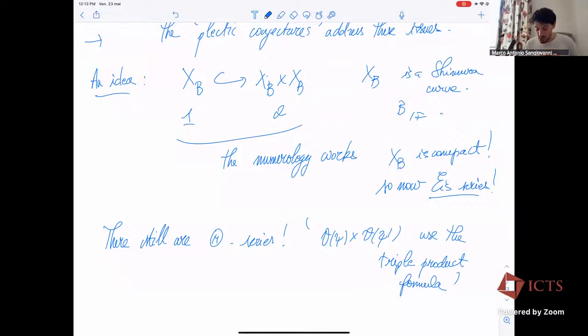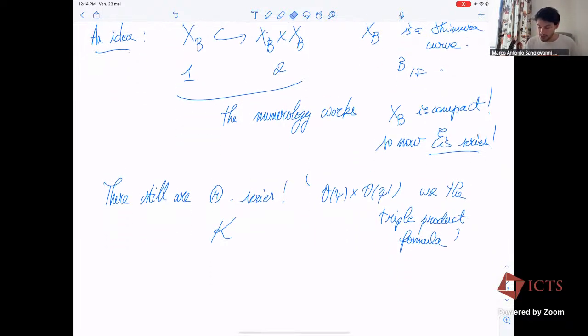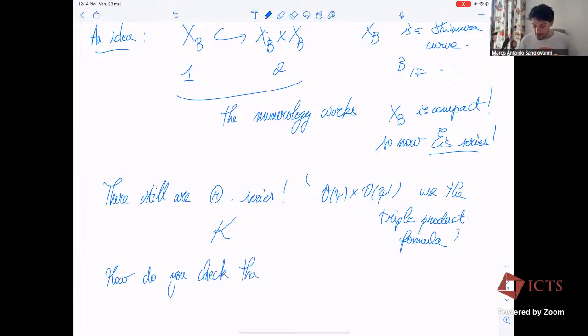This would be an Euler system over a quadratic imaginary, a CM extension of F. So maybe this can work, but now the question is, how do you check that the theta series on X_B belongs to the Faltings lattice to get something integral?